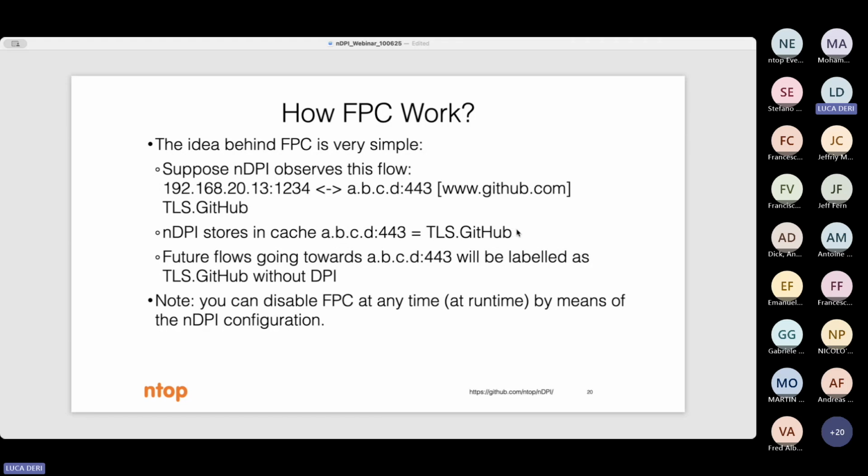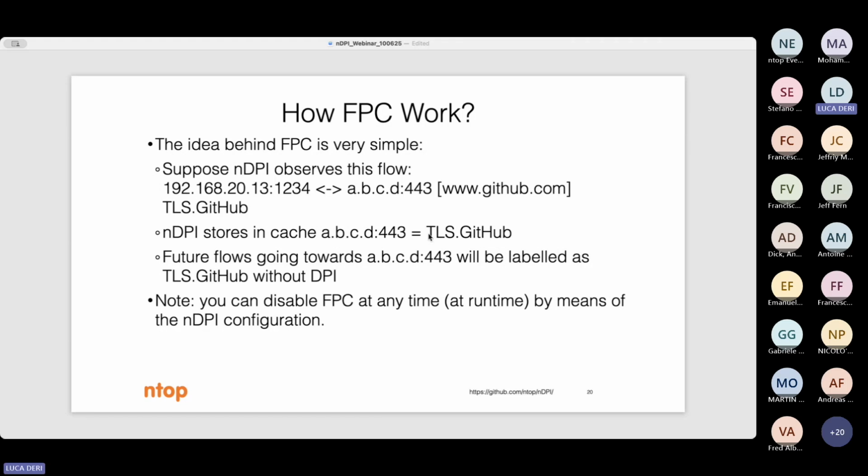We do this because we have communications that, by nature, are not unique. Think about HTTP, in particular the old HTTP 1.1. You will see one flow towards the server, another flow for requesting the images, another flow for something similar. So if you have detected the first flow and, in the near future, you detect similar flows from the same source host to the same destination host, the protocol is going to be the same.